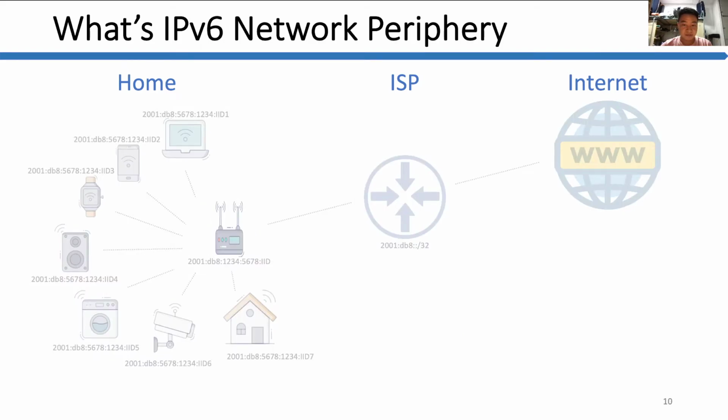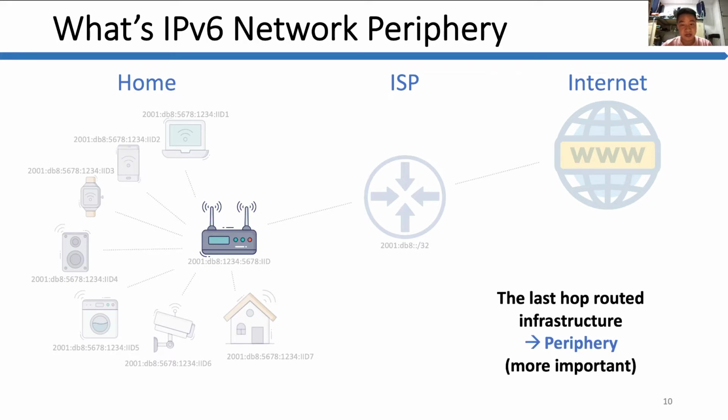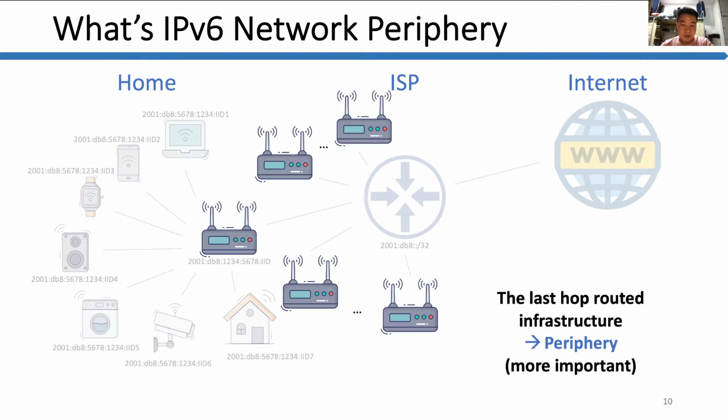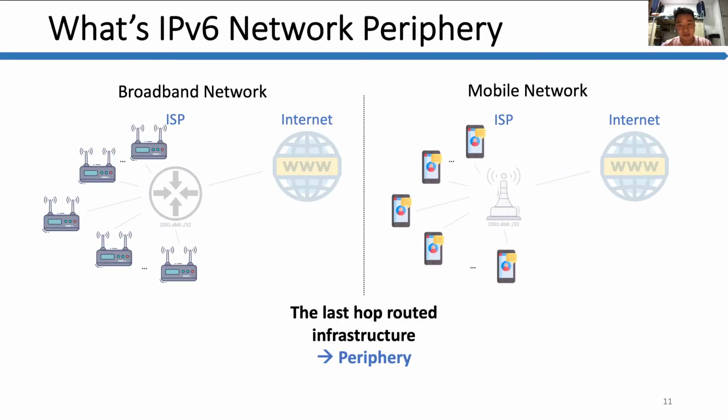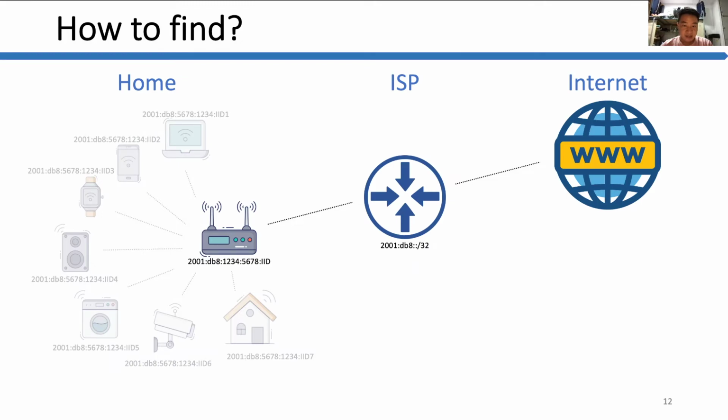Among them, the home router, which is the last hop routed infrastructure, is the periphery we want to find and is more important. And there are many peripheries within the SP network. Besides, mobile devices can turn into peripheries by getting IPv6 prefixes. In fact, each periphery is assigned a public IPv6 prefix to construct its network.